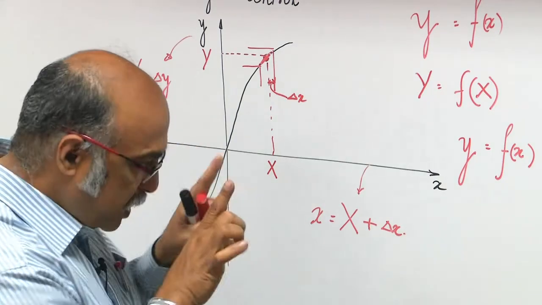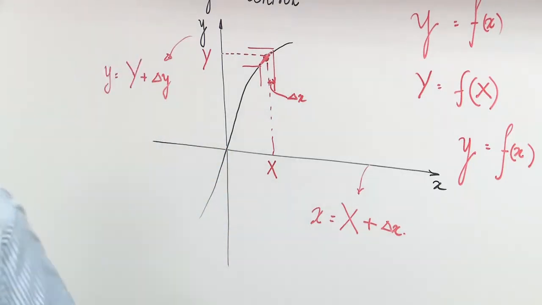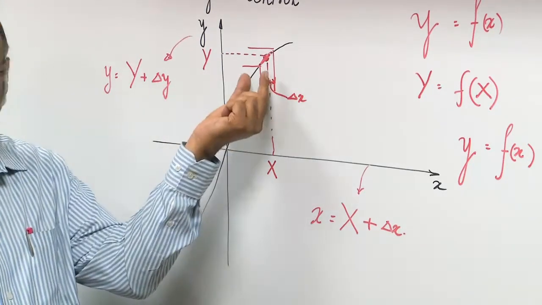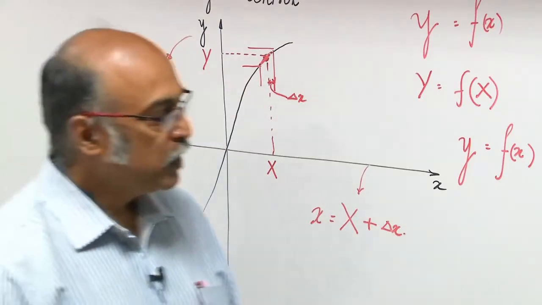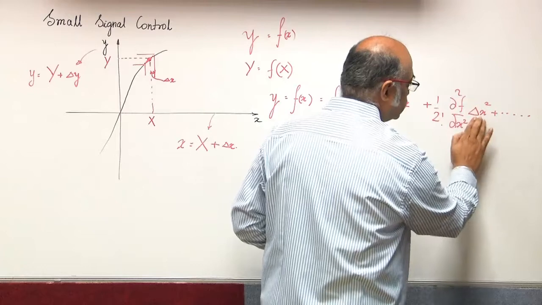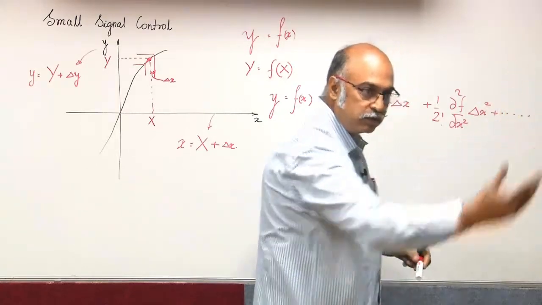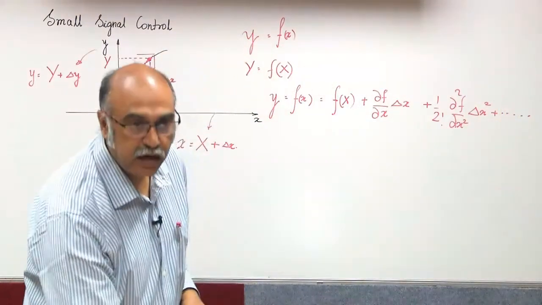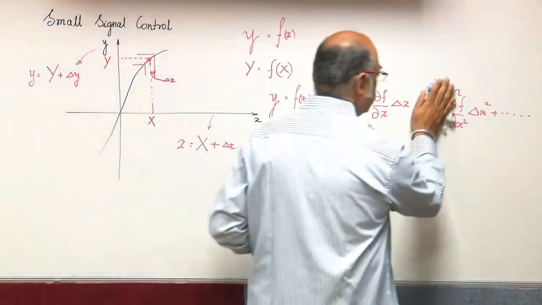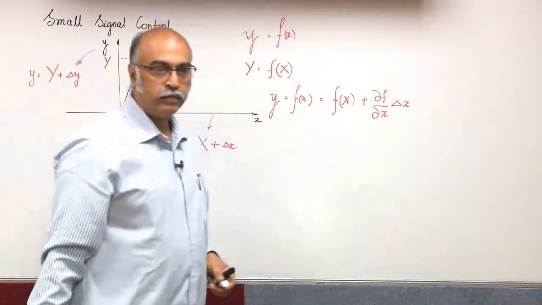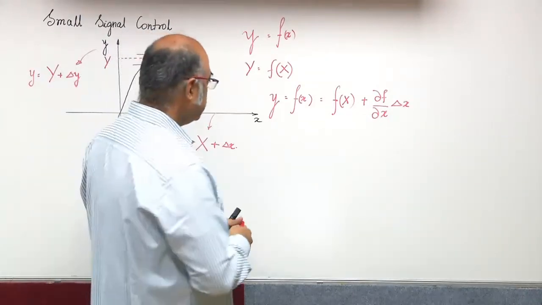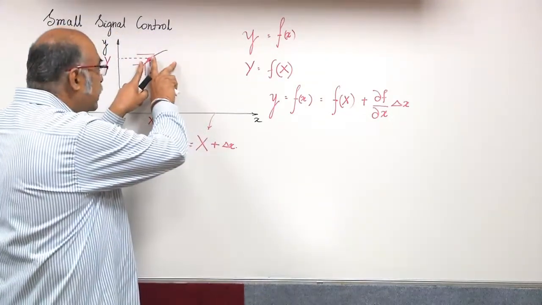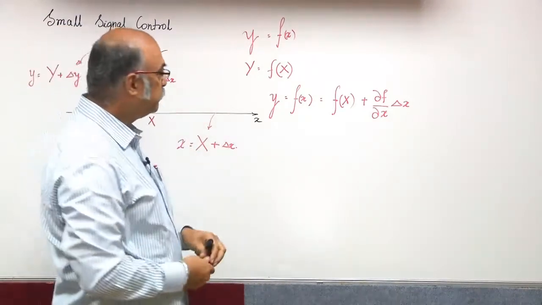Now, if I start making the deviation about the operating point, if I take this neighborhood smaller, then these square terms, cube terms, fourth order and higher order terms I will remove. Approximation, further approximation. What I am saying is valid in that neighborhood.